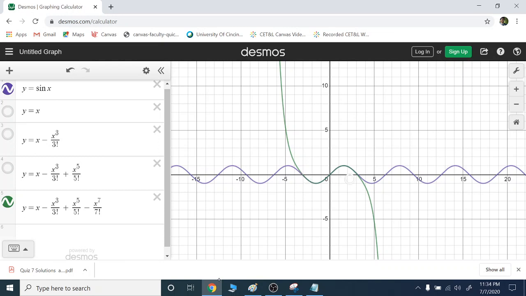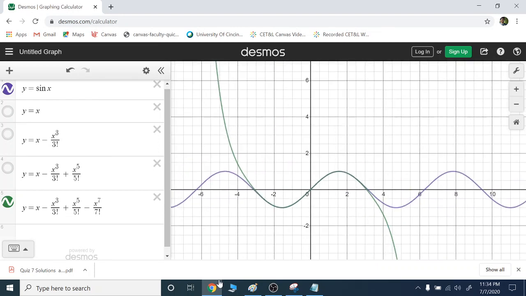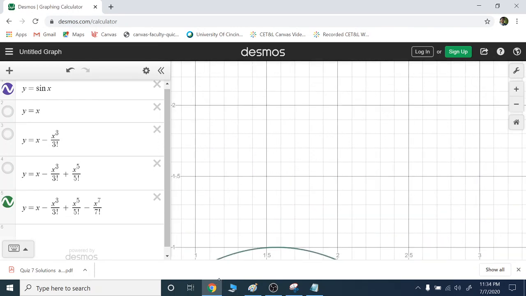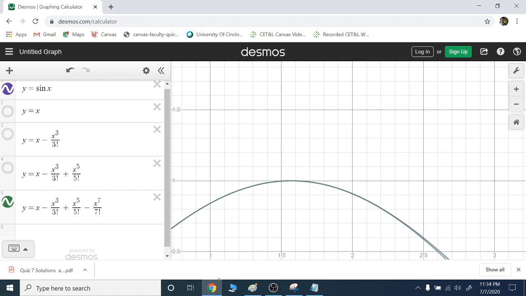So you can clearly see that there is a certain region where the values from the polynomial and the values from the sin x function look alike. Now I am not saying that they are exactly equal, but they are almost the same.